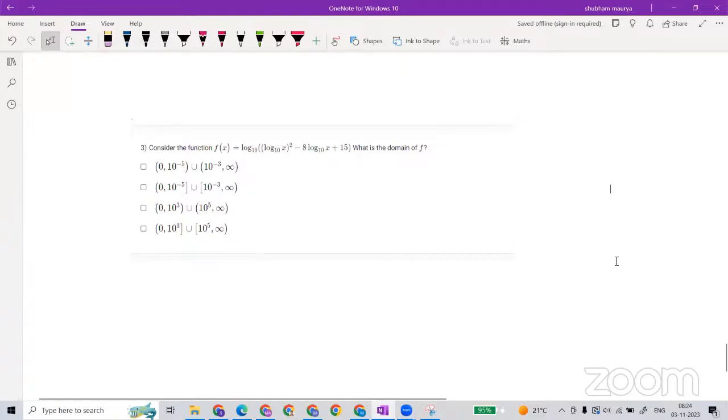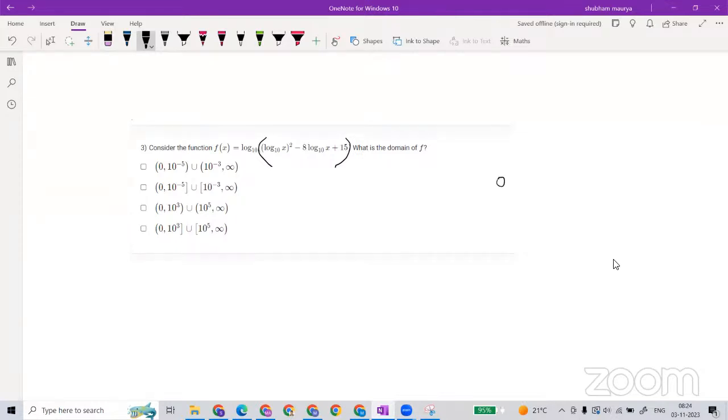Till which place are you able to do? When I tried, I'm getting both domains as 10 cube to infinity and 10 power 5 to infinity. But in the answer key, they've given 0 to 10 cube and 10 power 5 to infinity. When I try for both functions separately, I'm getting 10 cube to infinity and 10 power 5 to infinity.